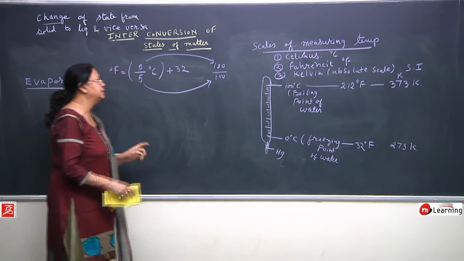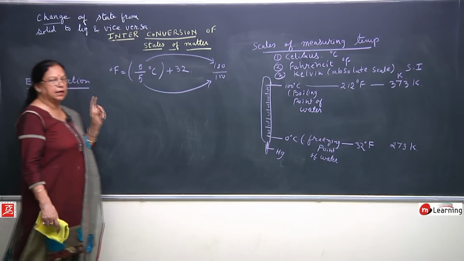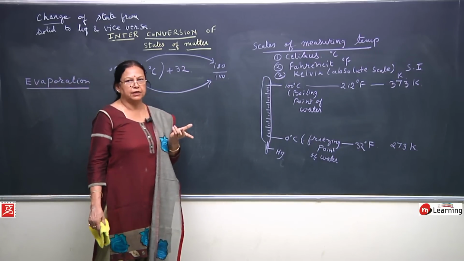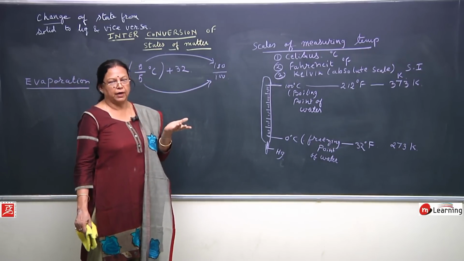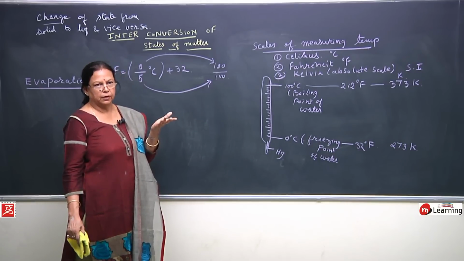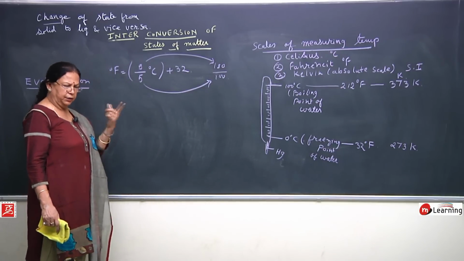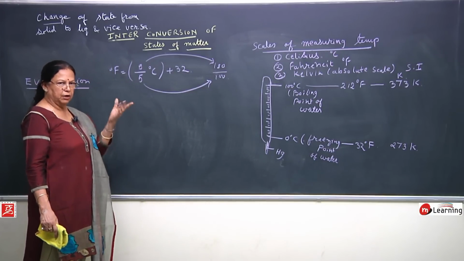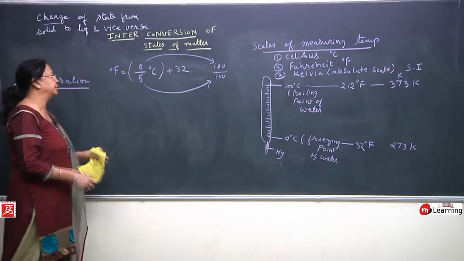That water has evaporated. Evaporated means the liquid water has changed into gases or vapors, and it has gone into the atmosphere. This process of changing of liquid into gas below its boiling point is called evaporation.